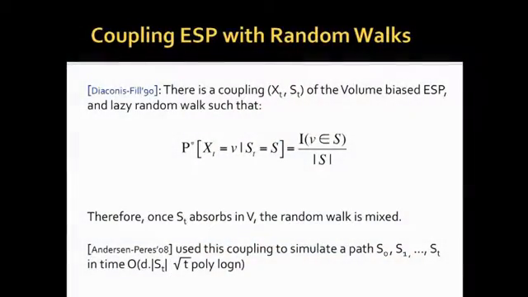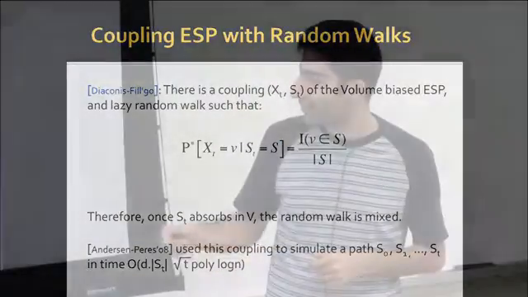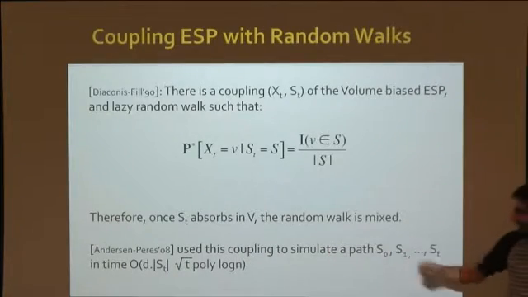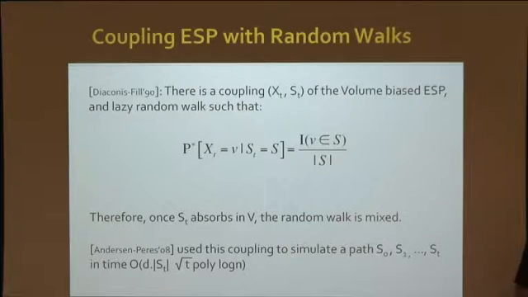Okay, so also Andersen and Peres in their paper use this coupling to prove that one can simulate the evolving set process. They prove that for any sample path S0, S1 up to ST, we can simulate this in time essentially proportional to the size of ST, so size of ST times root T polylog.